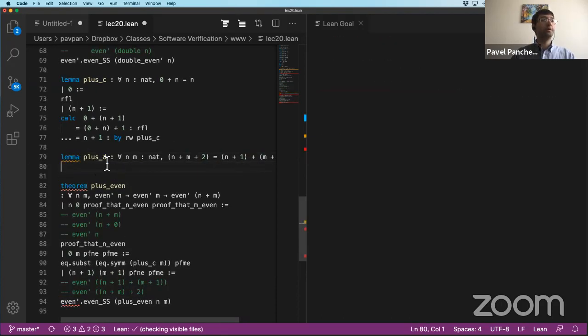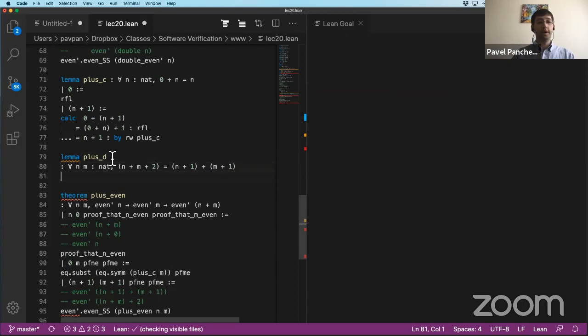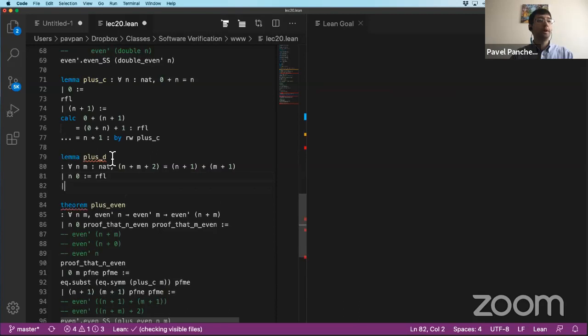This lemma will work in a similar way as above. We will look at two cases. In the first case, we have something plus 0. And in the other case, we have something plus m plus 1.